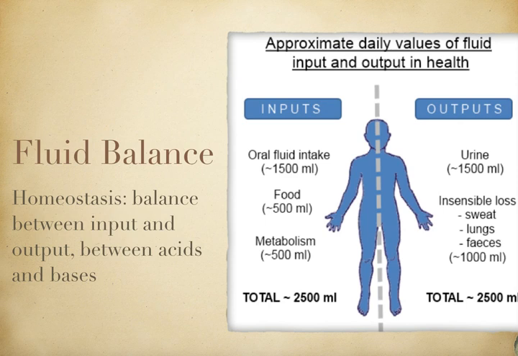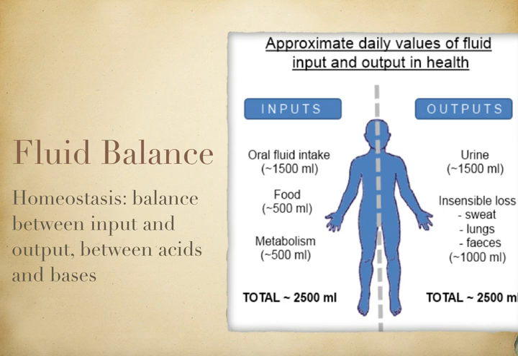That's what this slide shows you, how we lose water in measurable and immeasurable ways. We are about 60% water in adults, more than 60% in kids, and less than 60% in the elderly. There are two types of ways to lose fluid.